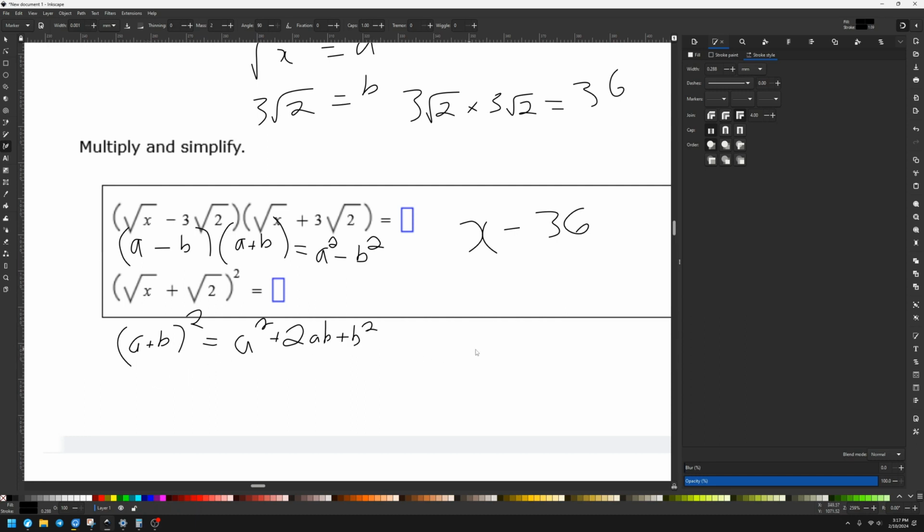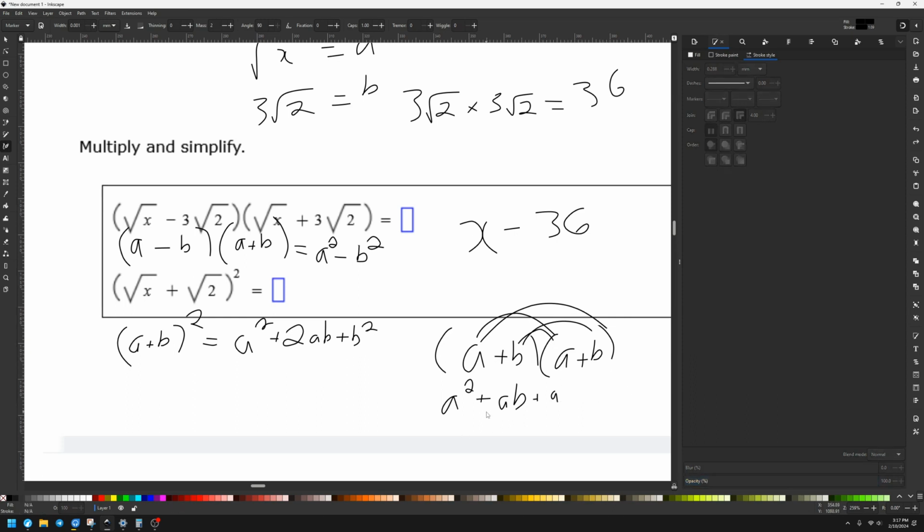And if you can't remember that, we can just derive it really fast. So a plus b times a plus b: a squared for the first terms, plus ab for the outer, plus ab for the inner terms, plus b squared for the last terms. And that's a squared plus 2ab plus b squared.